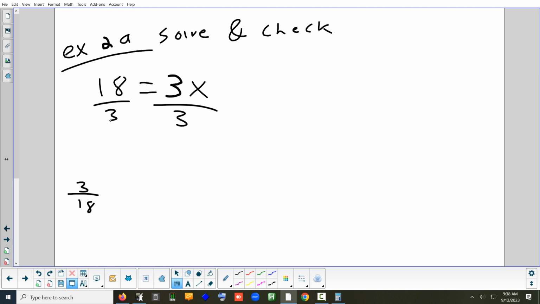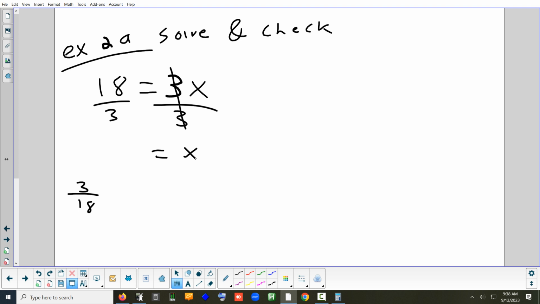Yep. So on this side, these cancel out. Now they don't cancel out because it's 0. What's 3 divided by 3? 1. So that cancels out because you have a 1. And now all you have on that side is 1x, or we normally just write x.